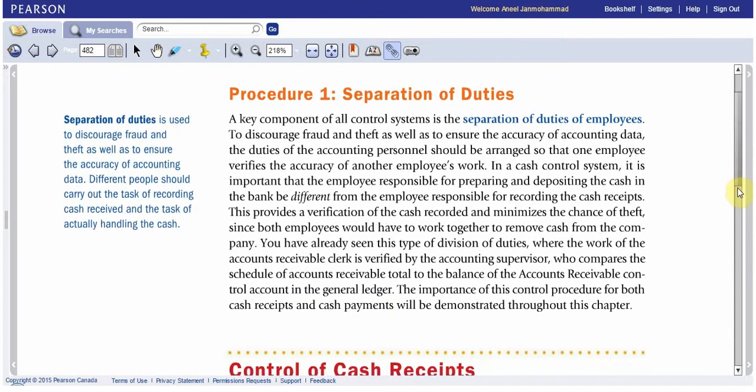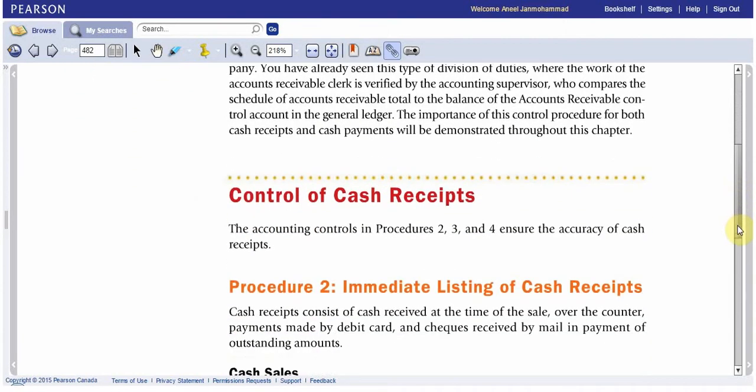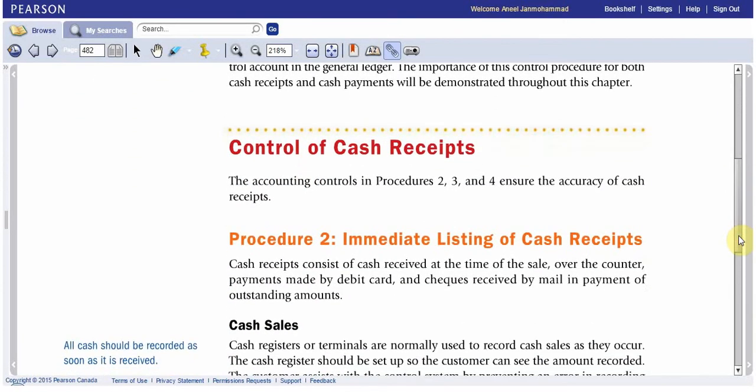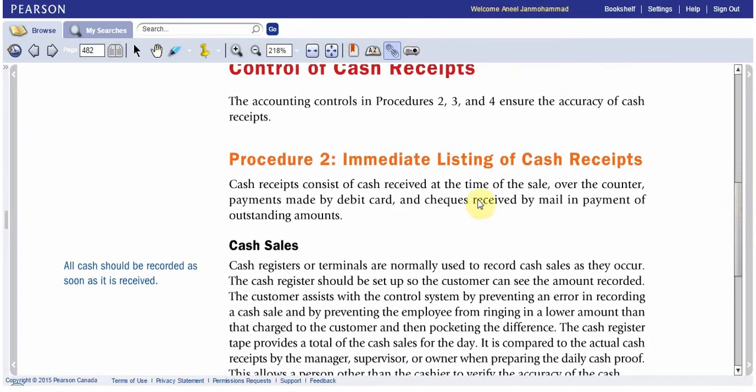Okay, so let's go into a little more detail. The second procedure, immediate listing of cash receipts. So cash receipts consist of cash received at the time of the sale, over the counter, payments made by debit card, and the checks received by mail in payment of outstanding amounts.